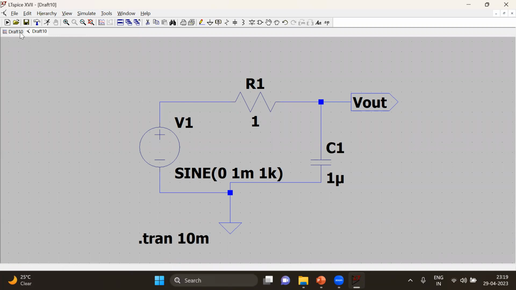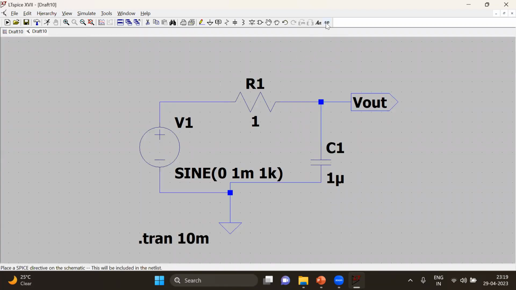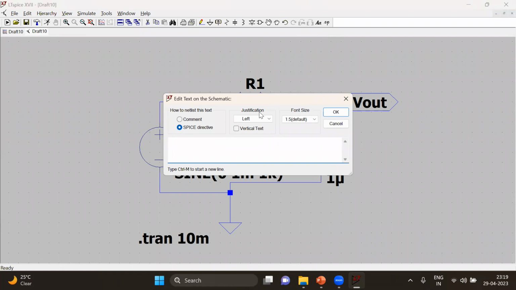Now let's plot some different plot from the AC analysis perspective. So go to the command and you can type the command dot AC DEC 10 millivolt. You will be able to set the frequency. This will be the starting frequency, 1 hertz, and we will be providing up to 1 gigahertz, so 1G.